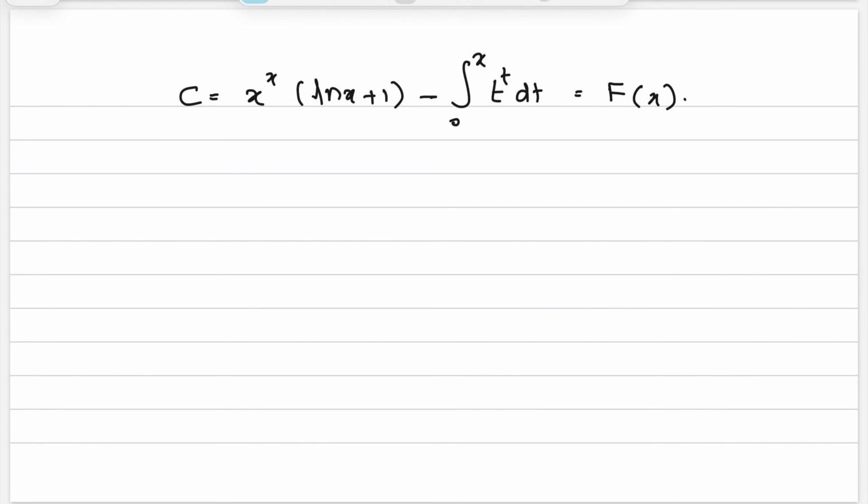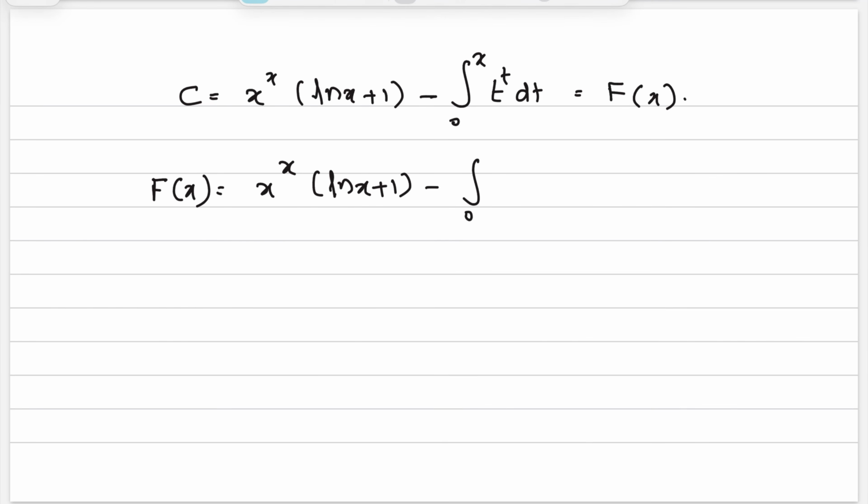Now, f(x) is equal to x to the power of x ln x plus 1 minus integral 0 to x, don't make mistake here, t to the power of t dt.